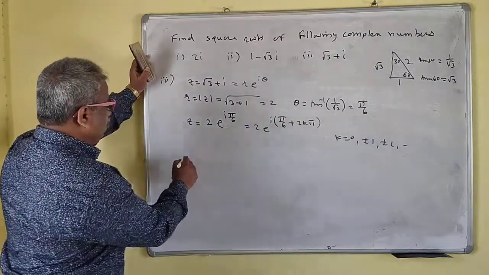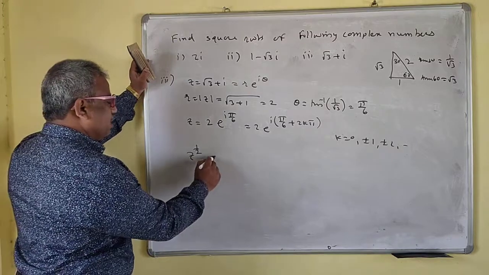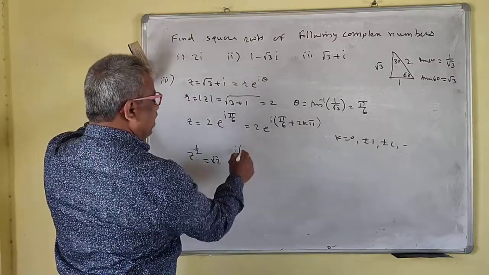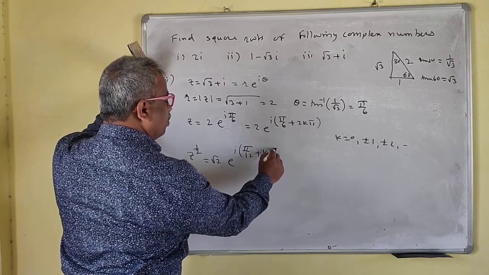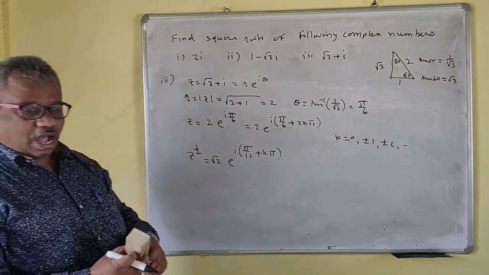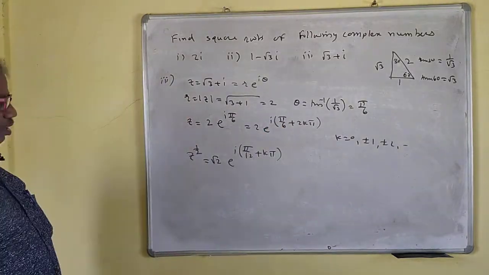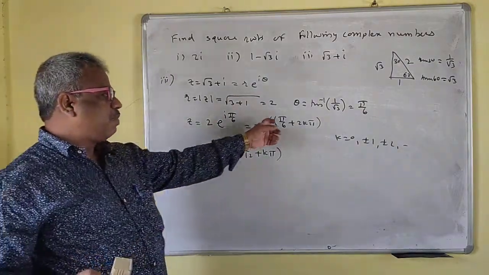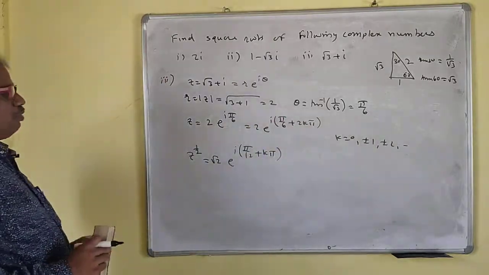You want to find the square root, so that is z raised to 1 by 2. I will write this as root 2 e raised to i, and you have to multiply by half, because we are taking the power half on both sides. That means multiply each term by half, so we get pi by 12 plus k pi.